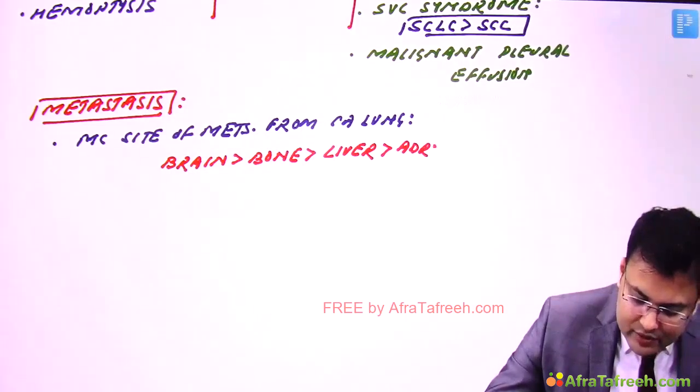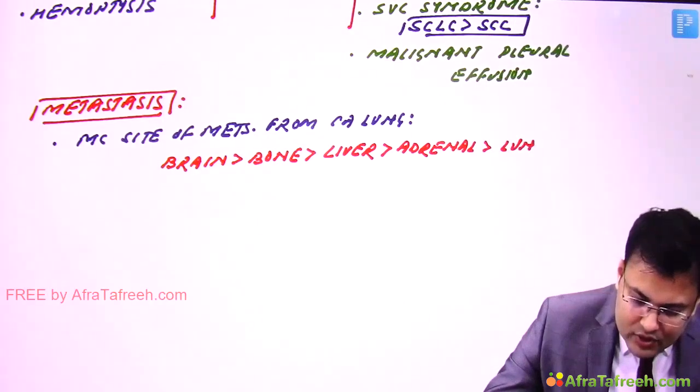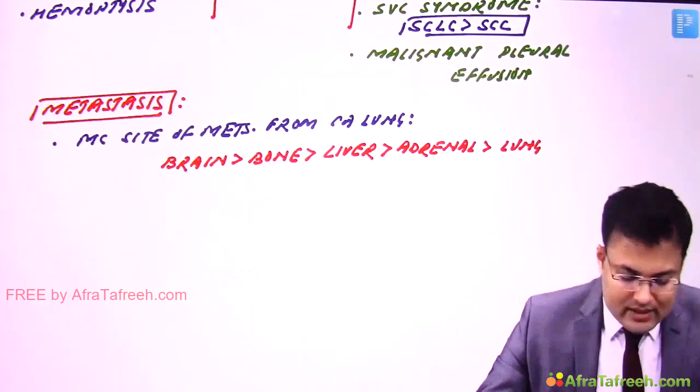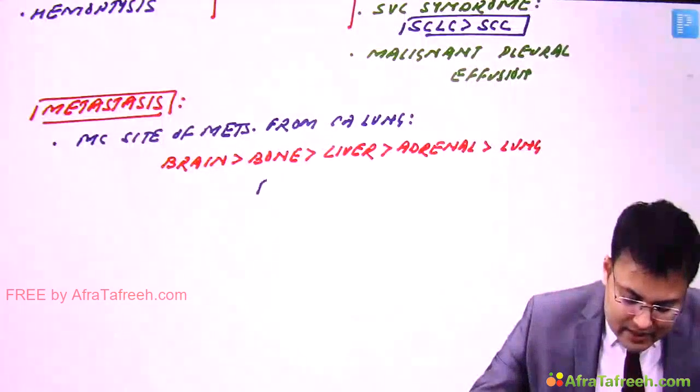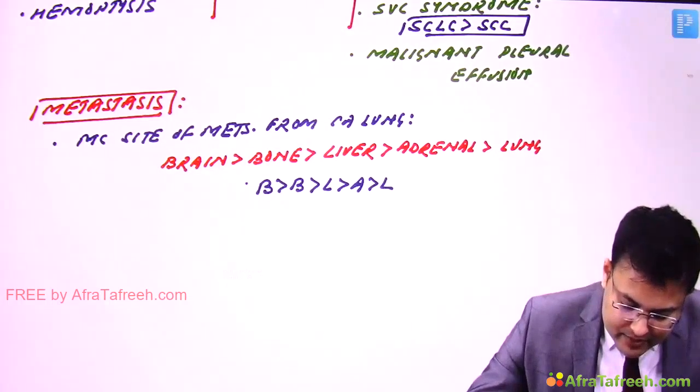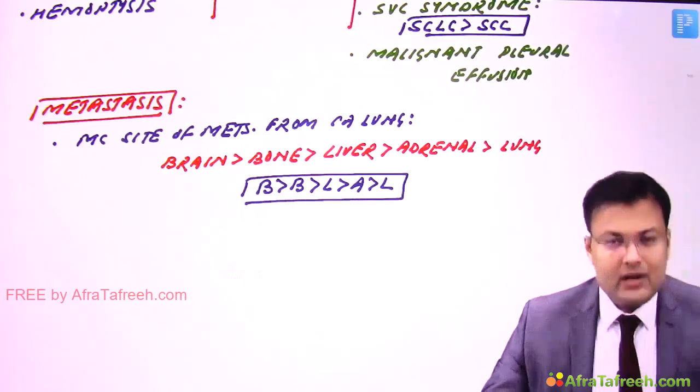Can you see adrenal is on 4th number, followed by lungs. So there is lung to lung metastasis, right? So how to remember? The mnemonic is there. It's BB Lal. Brain, bone, liver, adrenal, lung.